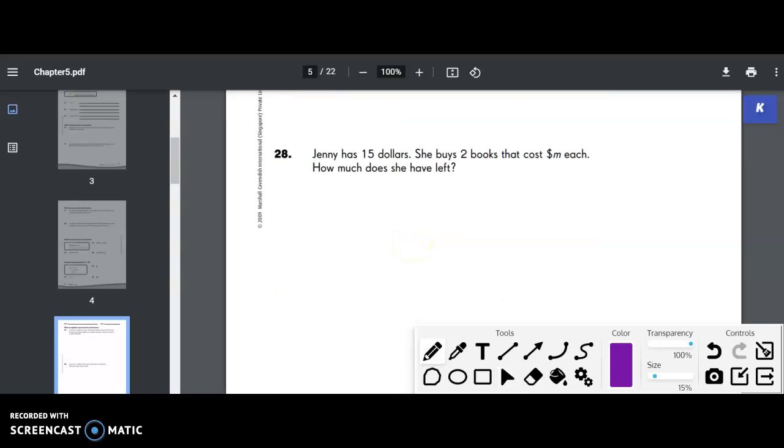Jenny has $15. She buys 2 books that cost M dollars each. How much does she have left? Okay, well, we know she starts with 15. She buys 2 books that cost M each. Well, she could buy the first book and then buy the second book, right? She's losing that much money each time.